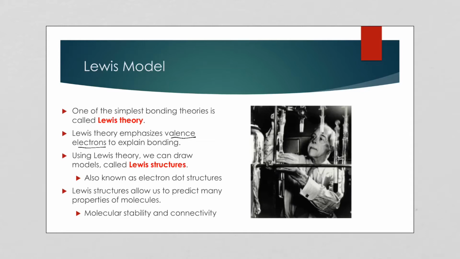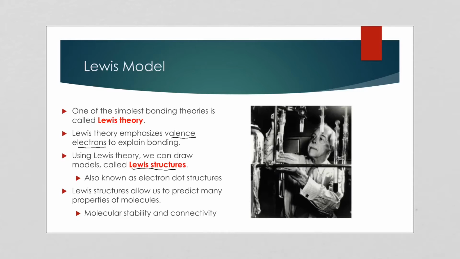Now, ultimately, we're going to draw what we call Lewis structures, using the valence electrons and what we know about stable bonding to predict these Lewis structures. Now, some of you may know these as electron dot structures. Same thing, we represent the electrons as dots.